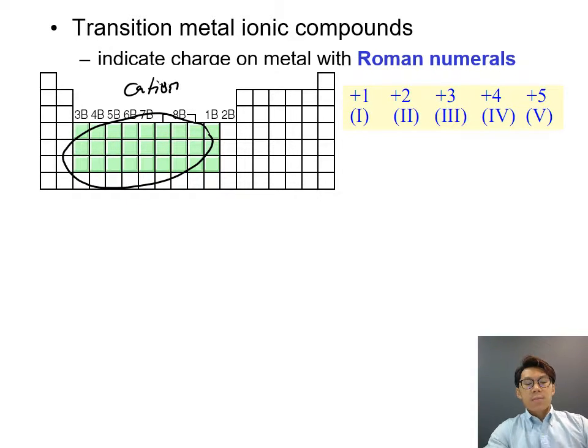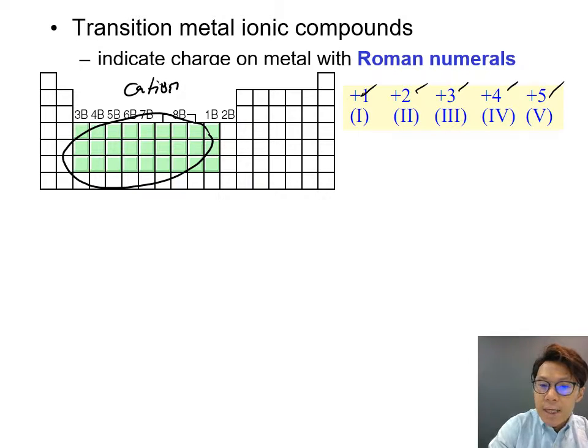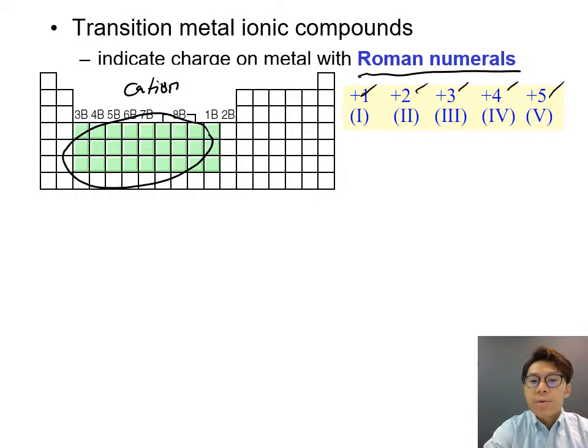But it's important to note that the cations from this group come with different charges. As you can see on the left side and right side here, it can be +1, +2, +3, +4, even +5. To put the charge in the naming, we are not using numbers, but Roman numerals.